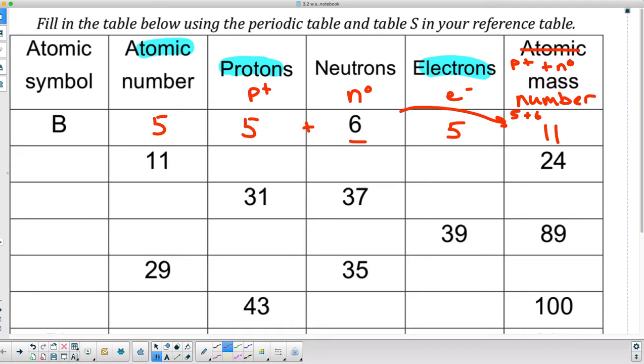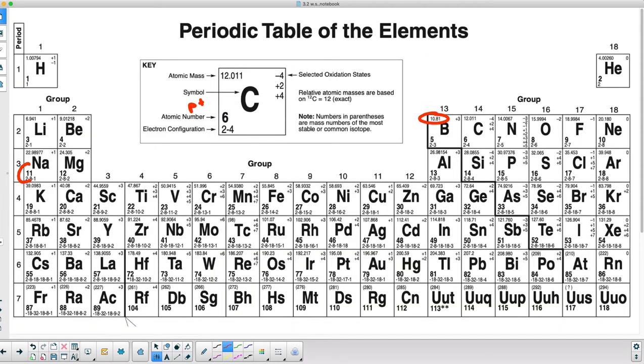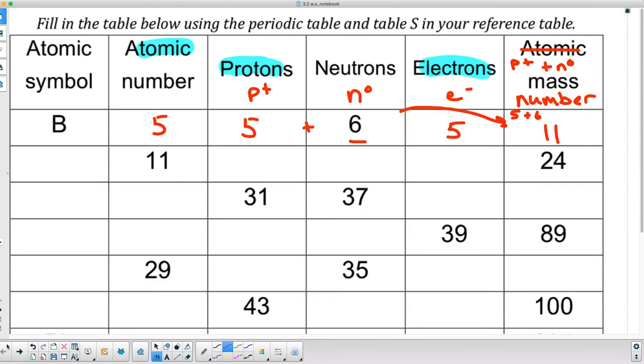Okay, so let's do another example, maybe 2 examples here. So atomic number is number 11. That means what I have here then is sodium, Na. So I go back here and I do my Na like that. That means 11 goes there and 11 goes there.